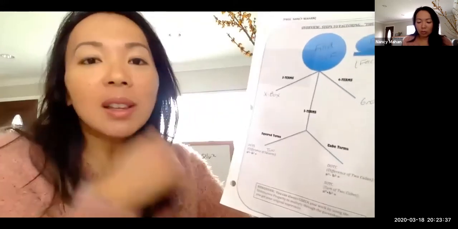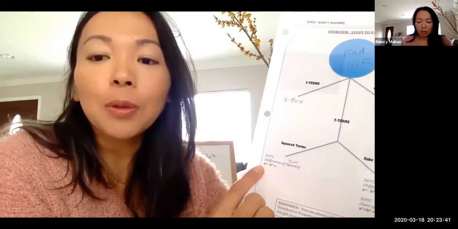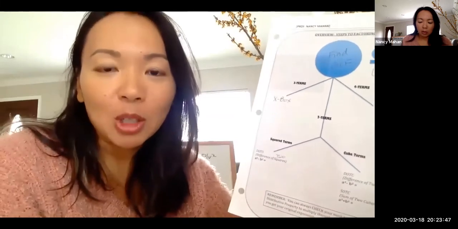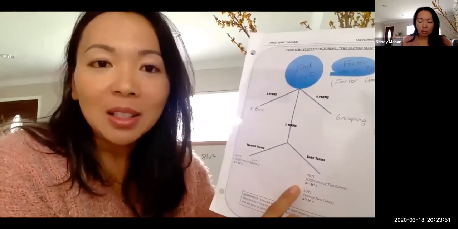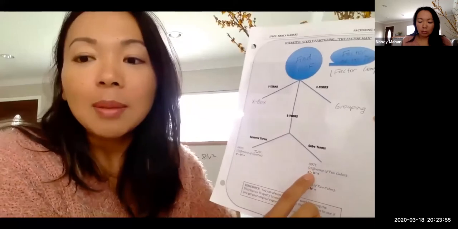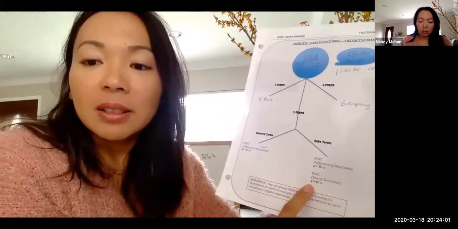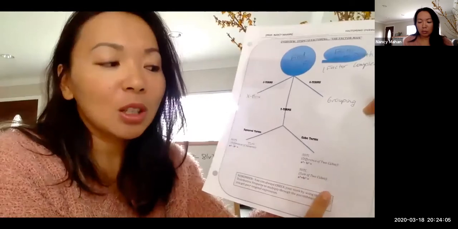If they're asking you to factor something in the form of something squared minus something squared, then you're going to factor it using a certain formula that I'm going to show you in a second. These are for cube terms. If they're asking you to factor something in the form of something cubed minus something cubed, you're going to use this particular formula, or something cubed plus something else cubed, then you use another formula.